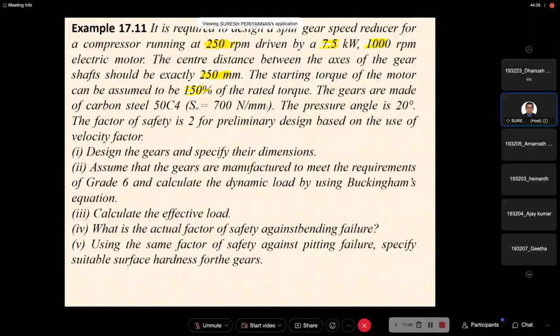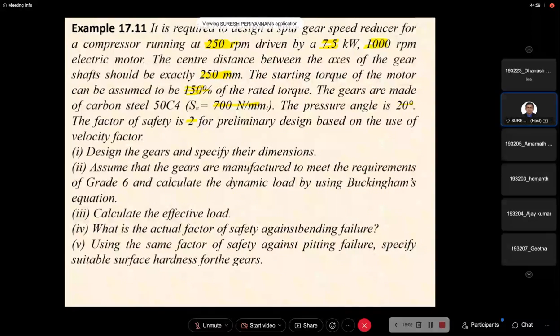The gears are made of carbon steel 50C4, with ultimate tensile strength of 700 Newton per mm squared. The pressure angle is 20 degrees. The factor of safety is set for preliminary design, based on the velocity factor.